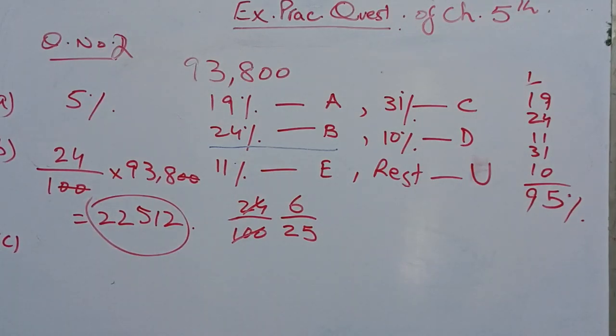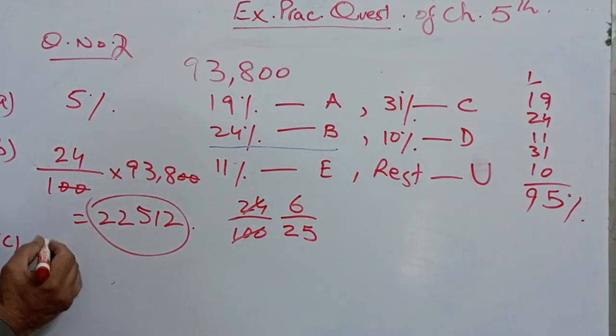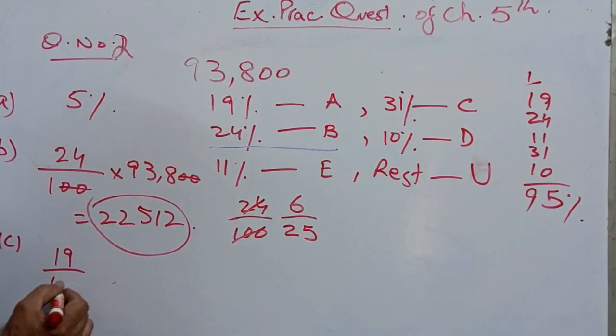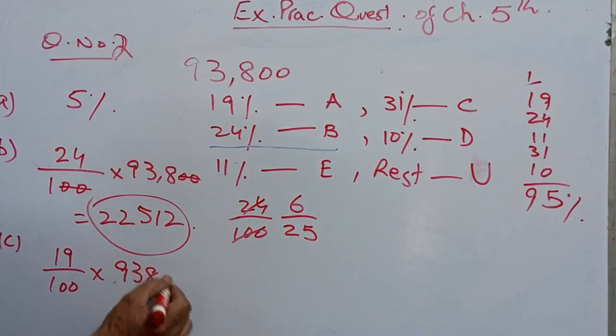How many students received grade A? Now it is asked in grade A. In fact, the procedure will remain the same. 19 divided by 100 multiplied by 93,800.